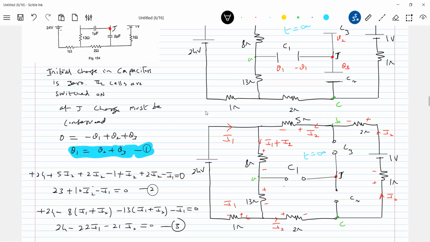How to calculate VAB? Writing the loop equation again, then we'll get Q1. Somebody asked this question in the objective for 3 marks in the Advanced exam last year. We asked him, it's very lengthy, can you solve it yourself in 3 minutes?